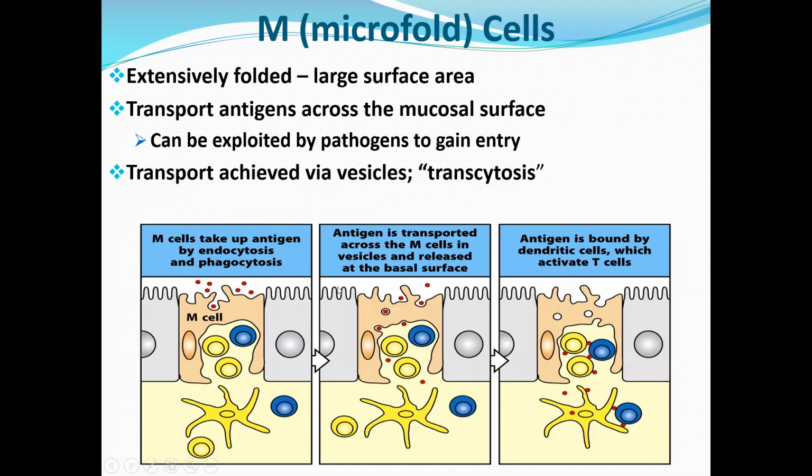So this is how these M cells take up the antigen, that they can either just through pinocytosis and endocytosis take up these antigens into vacuoles, and then transport it where it is then taken up by these antigen presenting cells.